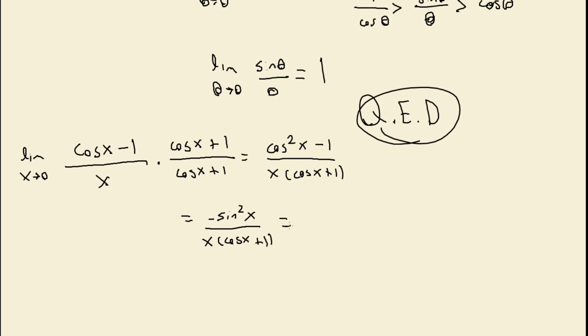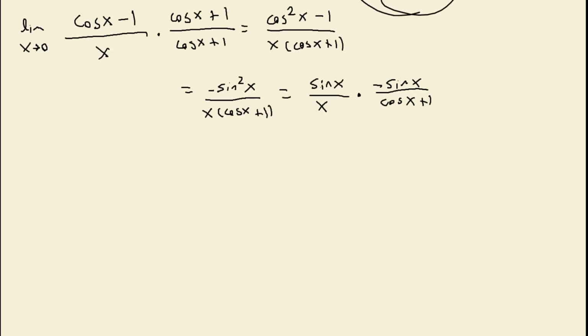And now what we can do is factor out a sine of x over x. It's equal to sine of x over x times negative sine of x over cosine x plus 1.